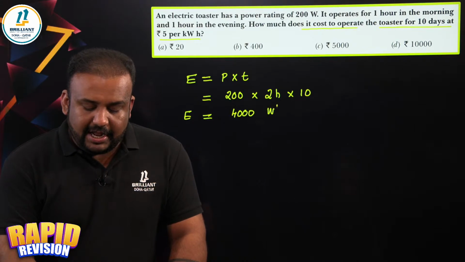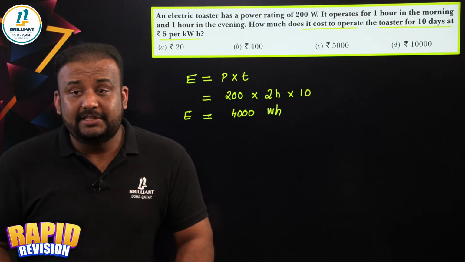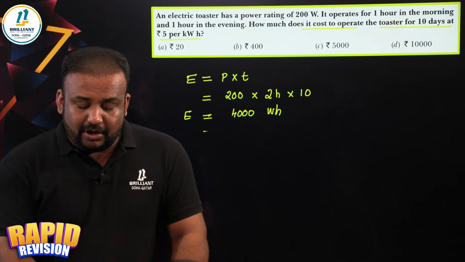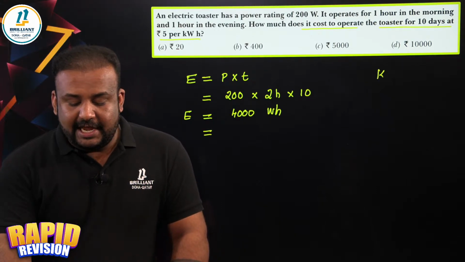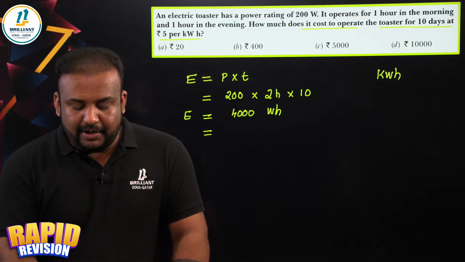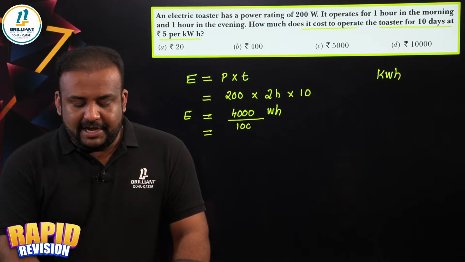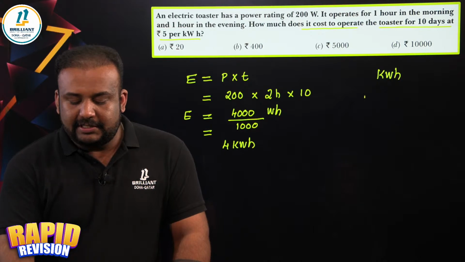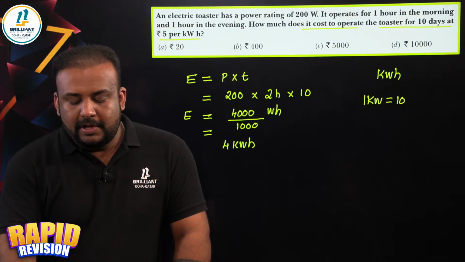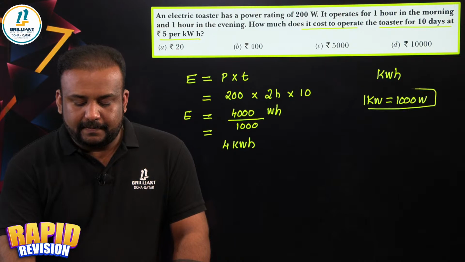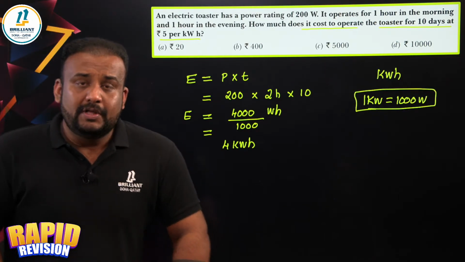4000 watt hour. Remember, you are getting this in watt hour, but what is the commercial unit of electricity? It is kilowatt hour. So how do you convert it into kilowatt hour? Just divide it by 1000, right? So we get 4 kilowatt hour, because 1 kilowatt is equal to 1000 watts.